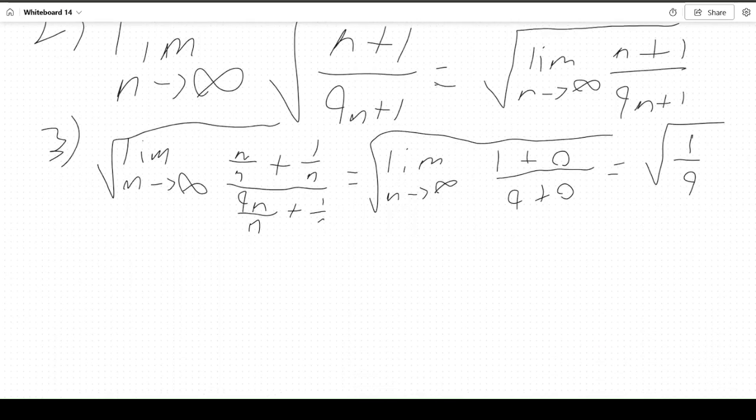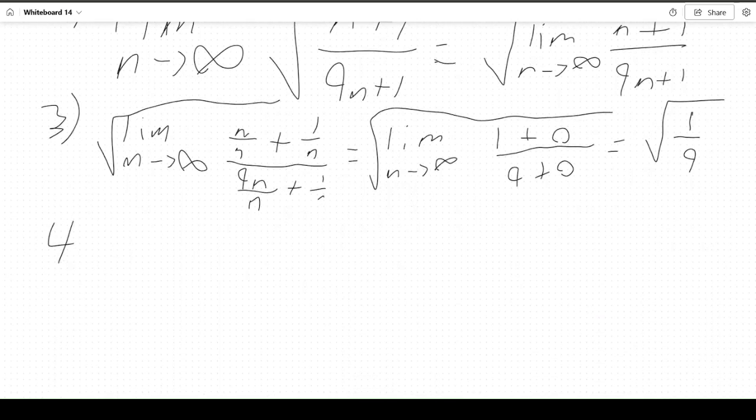And the square root of 1 over 9, we can just do individually. So the square root of 1 is going to be 1. The square root of 9 is 3, so it's going to be 1 over 3. And 1 over 3 is less than infinity, so this is convergent.